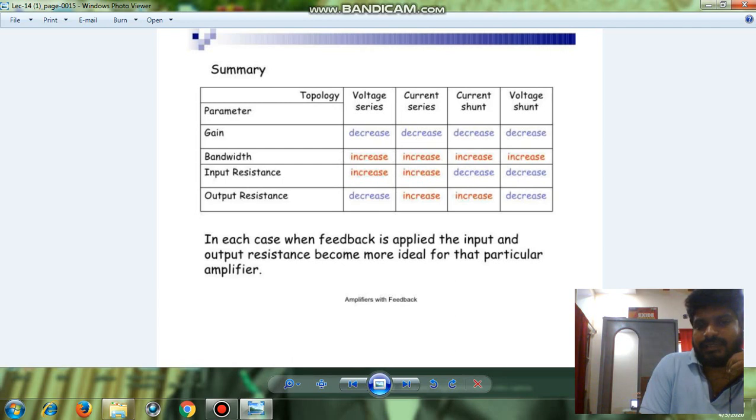If you add R1 plus R2, that value will increase. So for series circuits, the input resistance is increased. For shunt connection, the input resistance is decreased. In a similar way, for voltage, the resistance will be decreased, and for current, the resistance will be increased. Thank you very much. I'll go with the next class on oscillators.